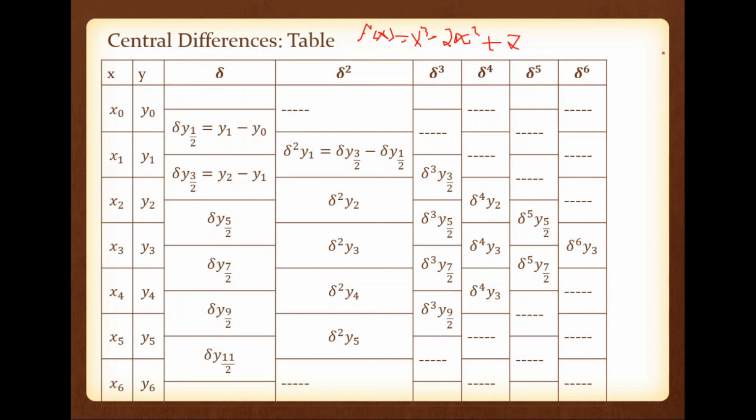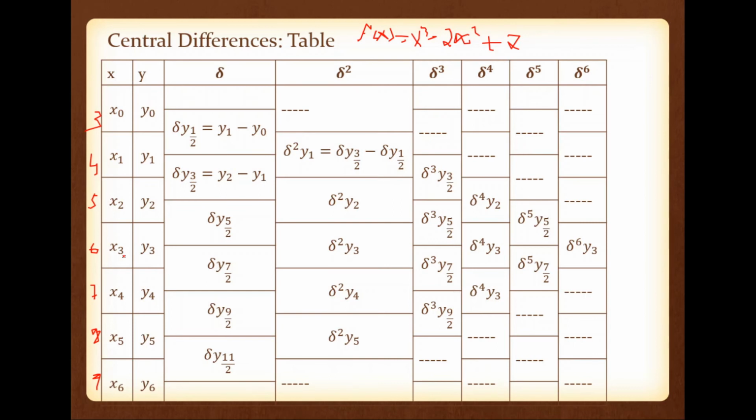Is it okay? So we know x0, that is we started from 3, I think. So this is 3, this is 4, this is 5, that is x2 is 5, x3 is 6, then this is 7, this is 8, this is 9, right? So these are x0 to x6.